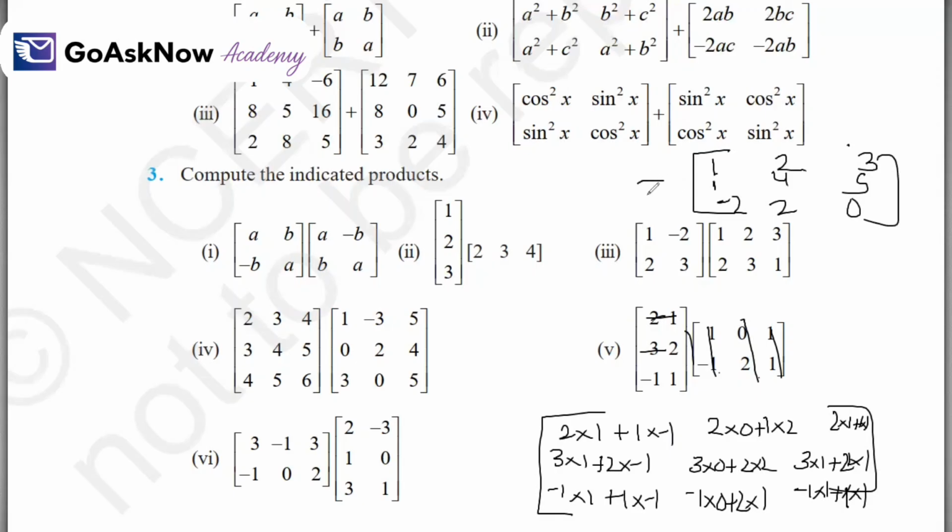So this is the final answer of your fifth part. Okay. This is the product of your matrices. I hope that you got how this question is solved, and you can do all the parts like this only. Okay.